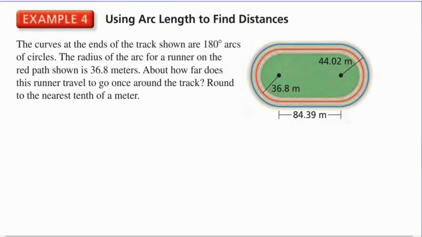All right, so let's apply arcs to finding distances. In this problem, the curves at the end of the track shown are 180-degree arcs of circles. Well, that's cool because that means that from here to here, this is half of a circle, right? And then if I take the other side from here to here, this is the other half of a circle, okay?